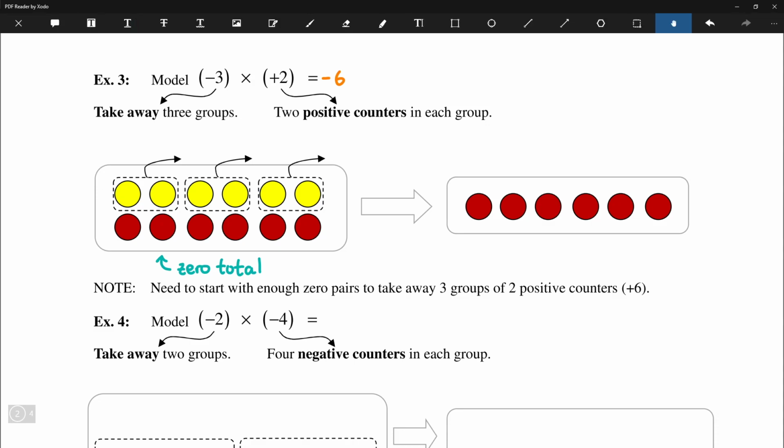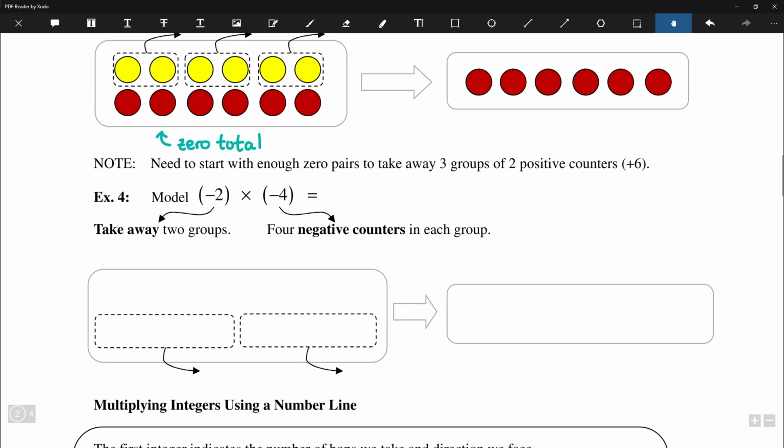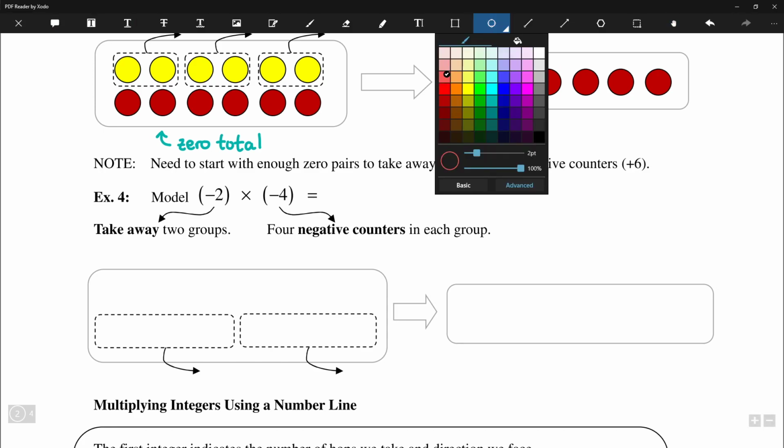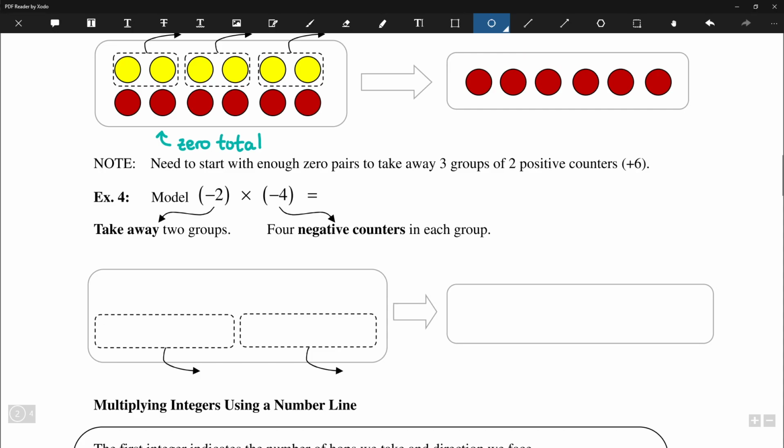So in the next example, we have something similar. We have -2 times -4. So it says to take away two groups, and there are four negative counters in each group. In order to make that work, we need to start with some zero pairs. So we need to start with 8 zero pairs.